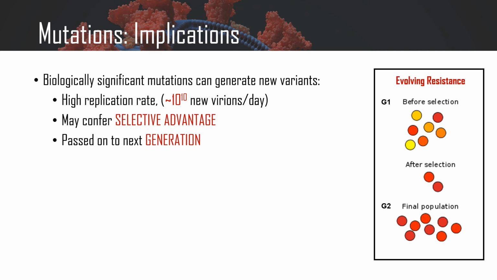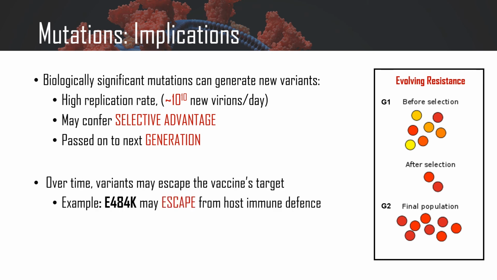So successful therapies could cause the virus to evolve resistance, and resistance mutations will quite likely arise. The same will apply to the spread of natural immunity and vaccines. Over time, as I mentioned, variants may escape the vaccine's target or a therapy's target. For instance, the E484K mutation may escape from the host immune defense.